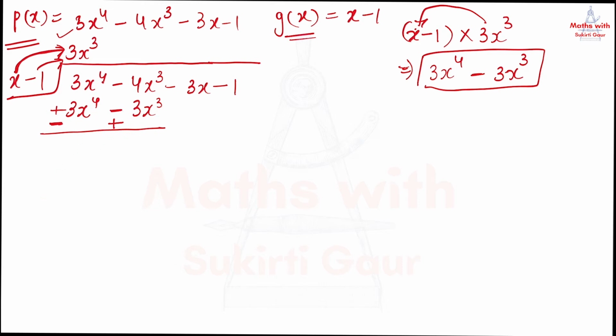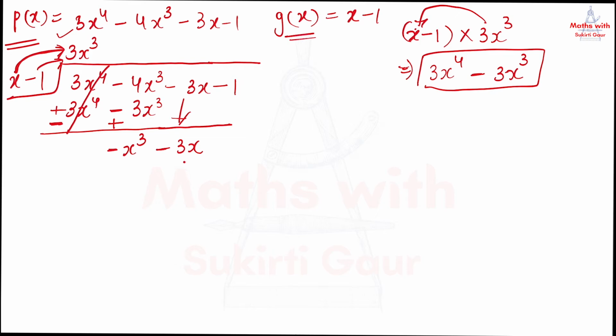Now 3x to the power 4 minus 3x to the power 4 will cancel out, and with the second term, minus 4x cube and plus 3x cube, it will give us minus x cube. I hope we are clear with this. 4 minus 3 will give us 1x cube, or x cube we can say, and the sign will be of the greater number, that is 4, so minus x cube. Now we are going to take another term with it, just like we do in usual division.